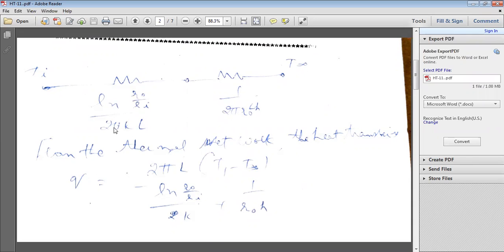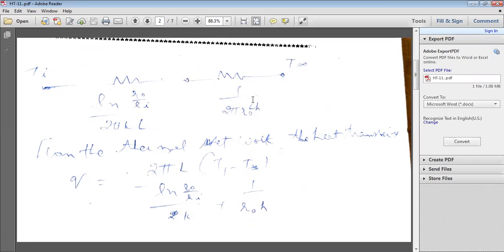Like that, here there is a conduction resistance radially along the radius. So for a cylinder with outer radius Ro, inner radius Ri, and length L, the thermal resistance is Ln Ro by Ri divided by 2 pi KL.